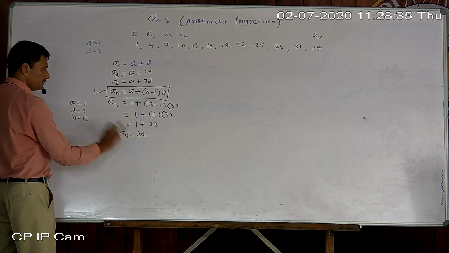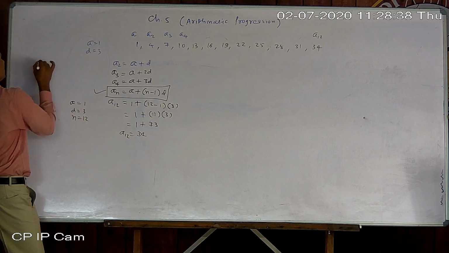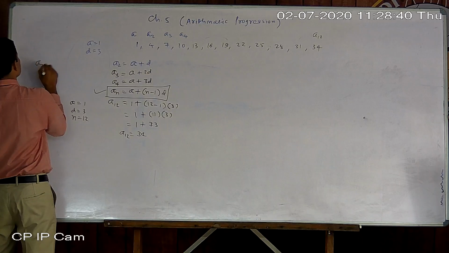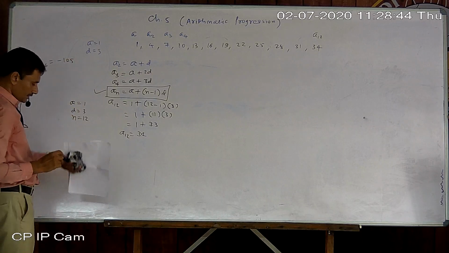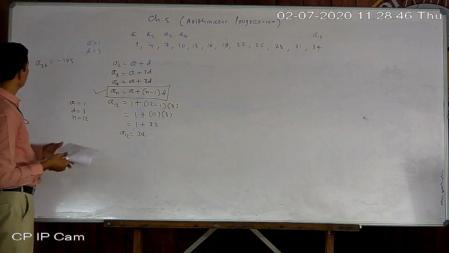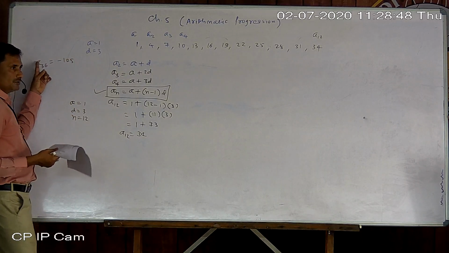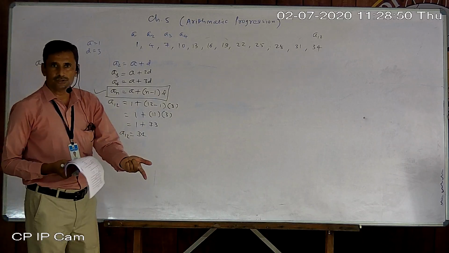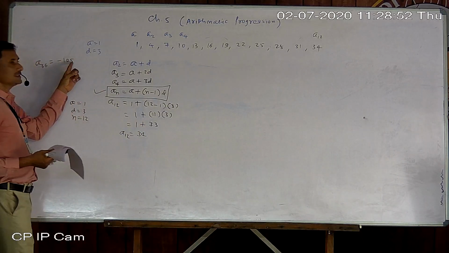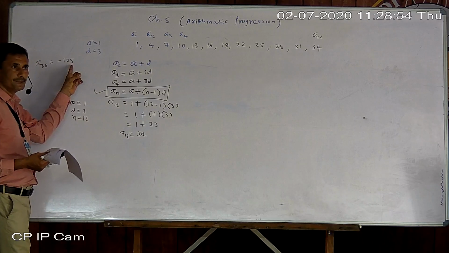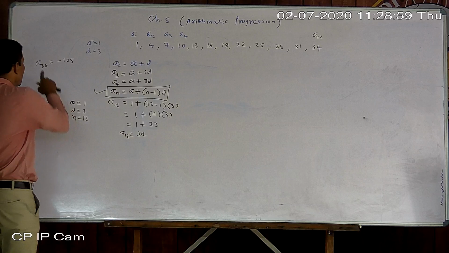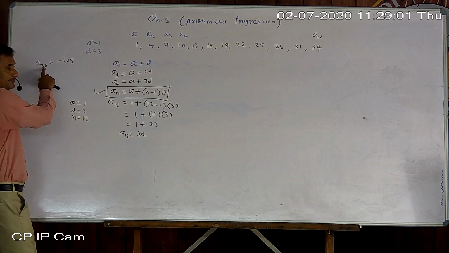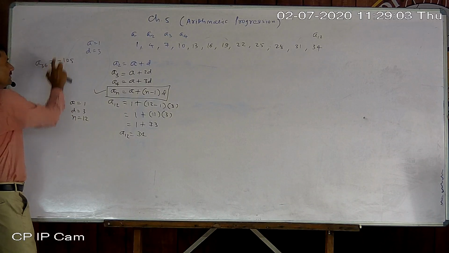So if anywhere you came across a36 equals minus 105, at that time you can interpret this: the 36th term of an arithmetic progression is minus 105, with n given in subscript. Okay. So do you understand now?